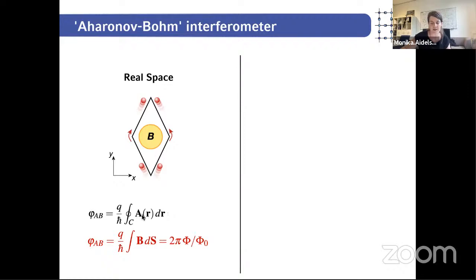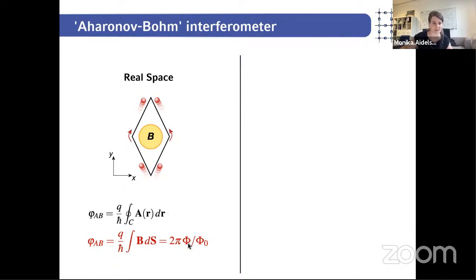So A is the vector potential, but you can think of it as the Berry connection here in real space. And if we evaluate this phase around a closed loop, here labeled as C, then we can use Stokes' theorem in order to express it as an integral over the magnetic field, over the area of the interferometer, which gives us the magnetic flux. So this is our Aharonov-Bohm phase.